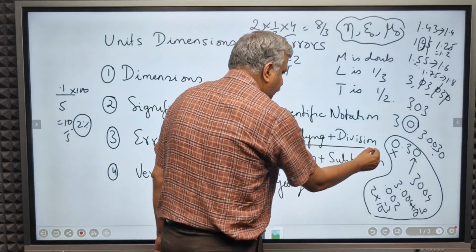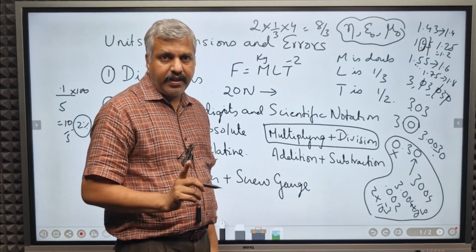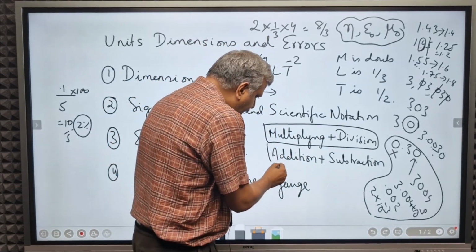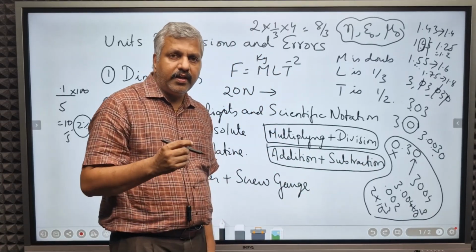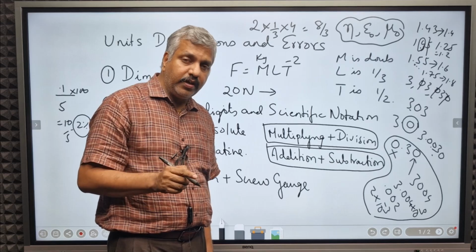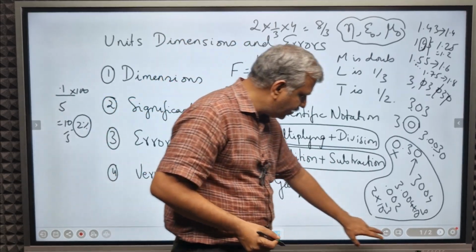Whenever you are multiplying and dividing quantities, the relative errors are added, that is, the percentage errors are added. Whenever you are performing addition or subtraction, it is only the absolute errors which are added. I will write it neatly for you.